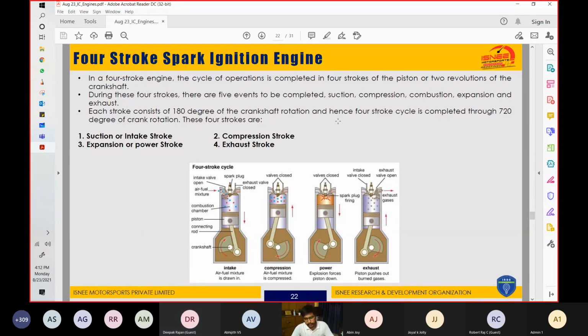So a 4-stroke spark ignition engine we are going to study here. First of all, we will understand what these strokes are, what these processes are, and what exactly happens when we talk about any stroke or any process. So you see this image over here. This is the schematic of the 4-stroke spark ignition engine. So the first stroke, when the piston is at bottom dead center, you see, over here this valve has opened.